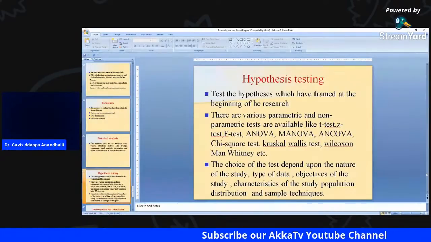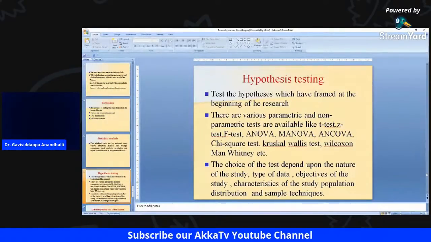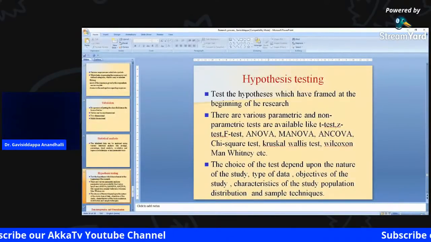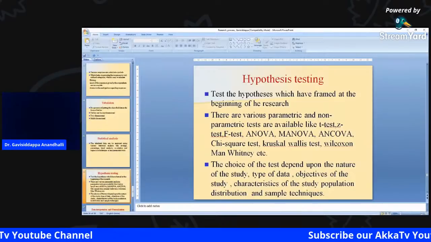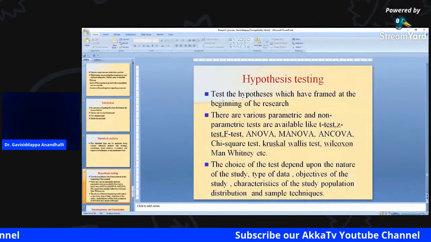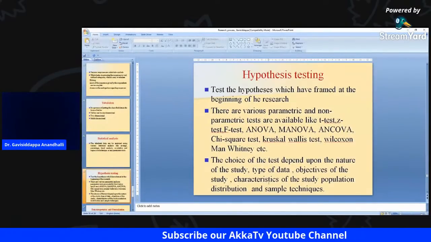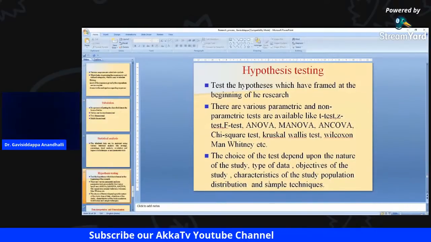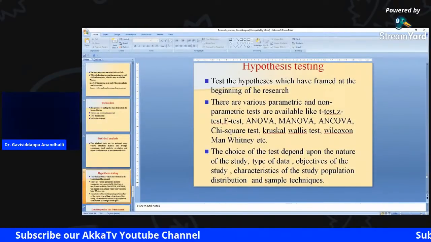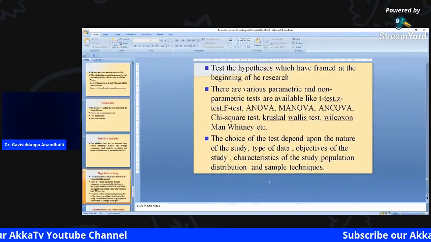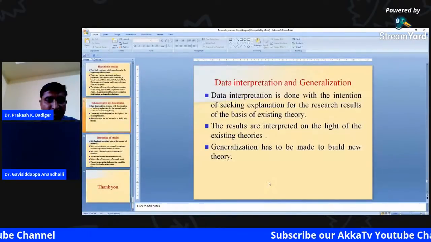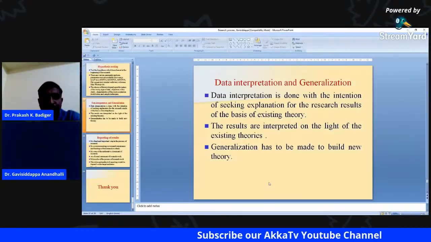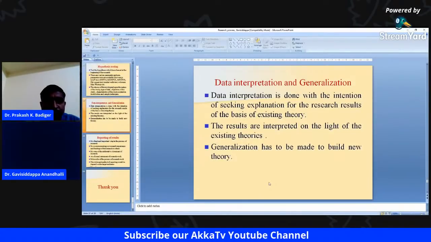There are more than 500 statistical tests, out of which you have to apply one or two. To apply a particular specific test, you should have knowledge of those tests. Correctly, you can apply it. Otherwise, it gives the wrong interpretation. So testing of hypothesis may lead to complications. Maybe we may get a rejection where there should be acceptance, or an acceptance where there should be rejection.